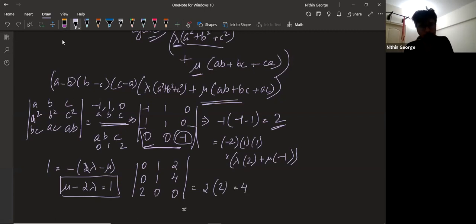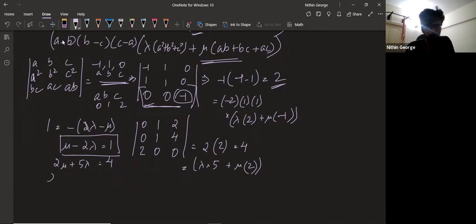This is 4. And let's look at the RHS, substitute the same values into it. I get lambda into 0 plus 1 plus 4, which becomes 5, plus mu into 0 plus 0 plus 2. So from here I get that 2 mu plus 5 lambda equal to 4.